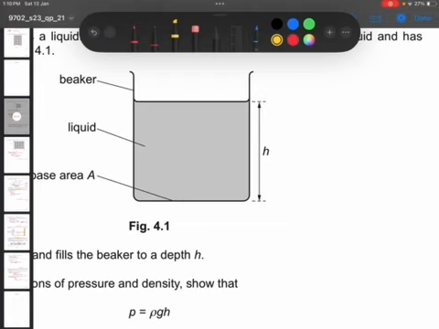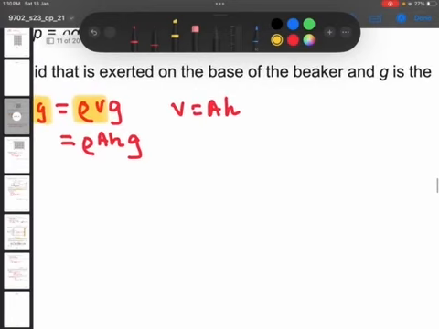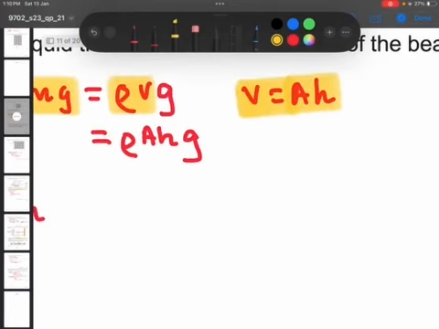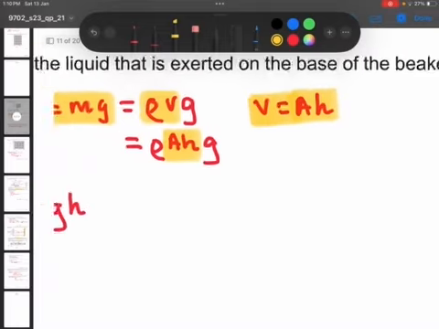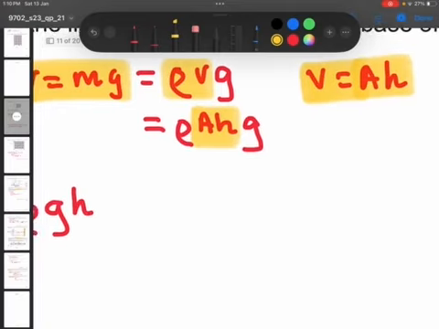The volume of the liquid is calculated by multiplying the area of the base of the container by the height, the depth of the liquid, which is V is equal to AH. So where there is volume, we put AH, which gives us that our weight is equal to rho AHG.